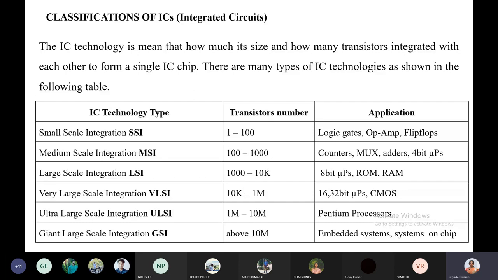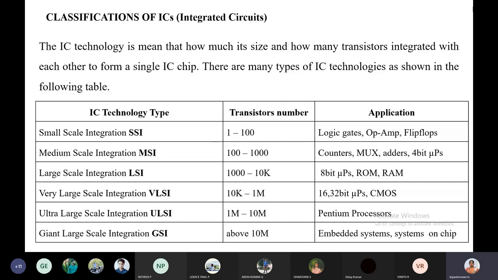We always say how many GB of RAM and how many GB of ROM. You can see it in your computer's hard disk. Inside that RAM and ROM, 1000 to 10,000 components are built.